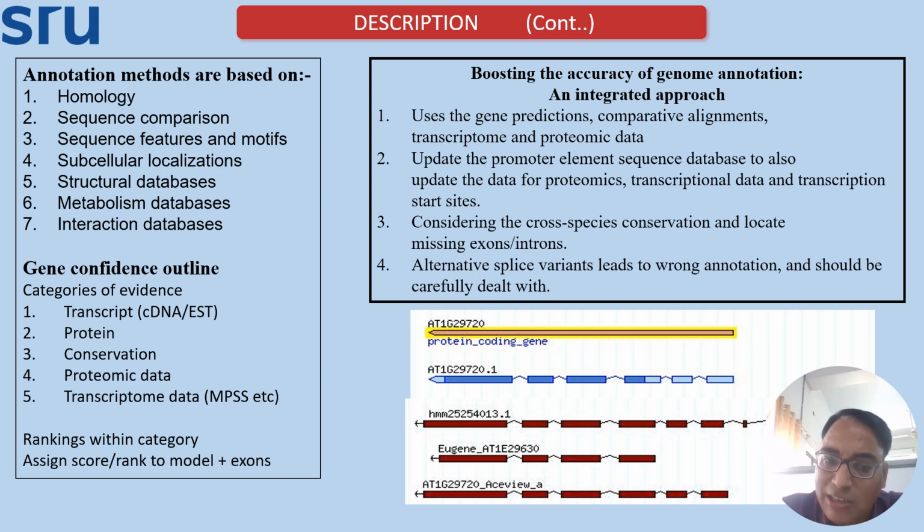This is just an example. One protein coding gene is like that in one species. In another species it is broken down into only a small protein; the other one is a bigger protein. 1, 2, 3, 4, 5, 6, 7. The next one is very small. The other one is very small, only 4 exons. Here it is 6 exons.